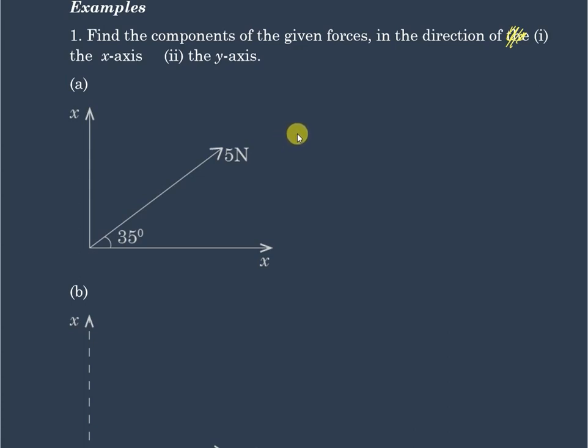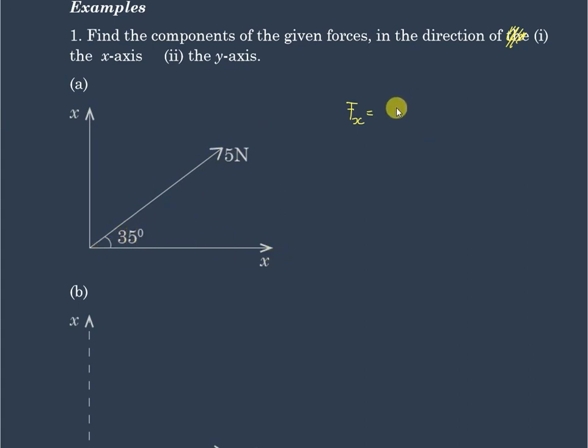Now, from the definition of a component, we said that a component along any given direction can be got by getting the magnitude of force times the cosine of the angle between the force and the desired direction. So the force is 5. The angle between the line of action of the force and the x-axis is 35.